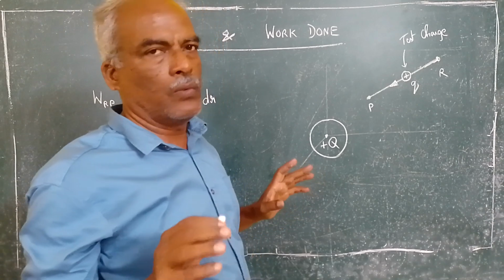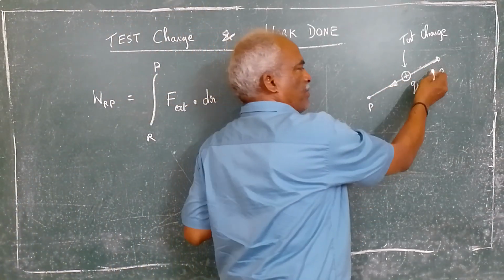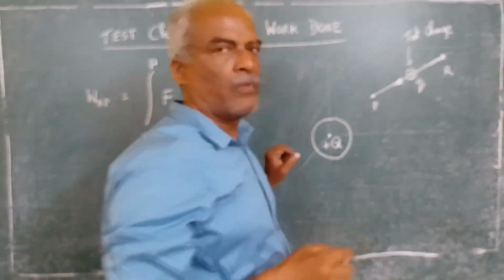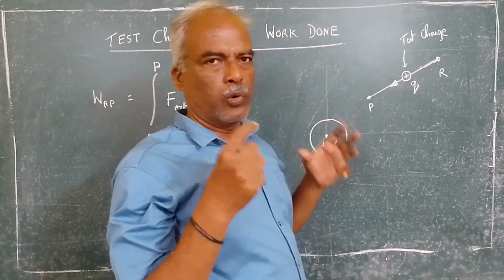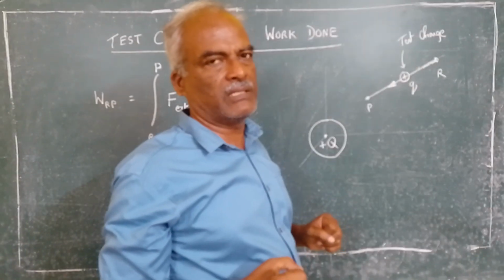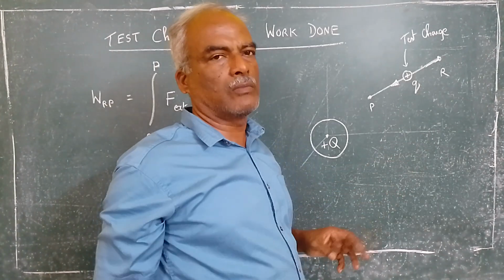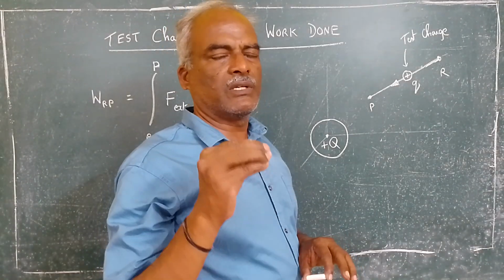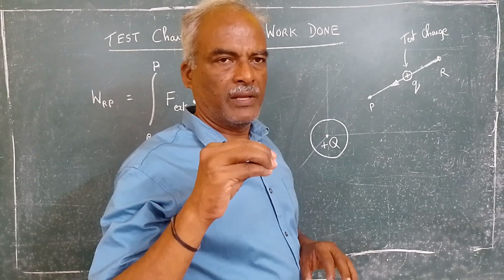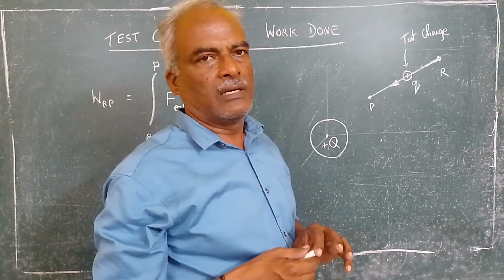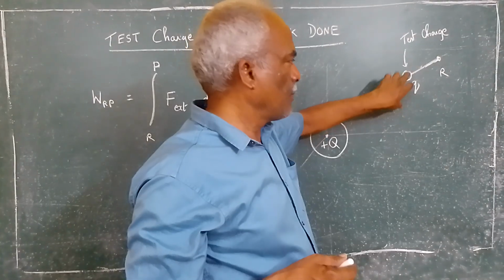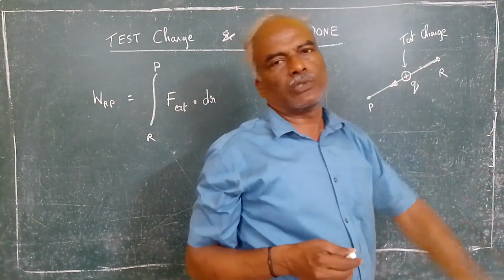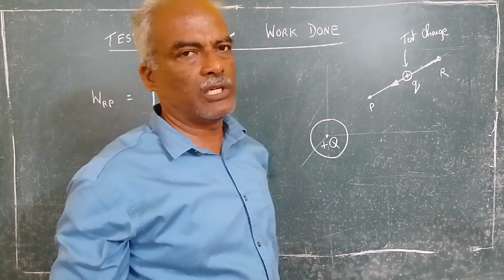Now assume that I am bringing this test charge from this point to this point, and I am holding it firmly. Firmly means it is not moving anywhere around. Suppose I release that supporting force, then it will go to its original position.